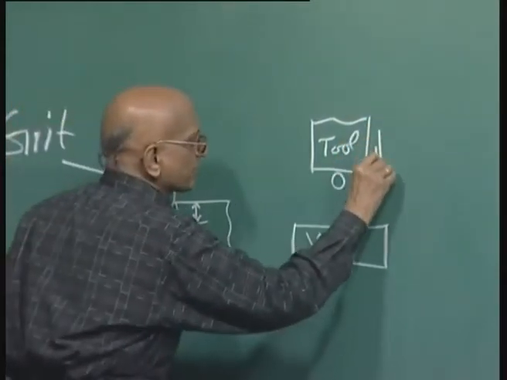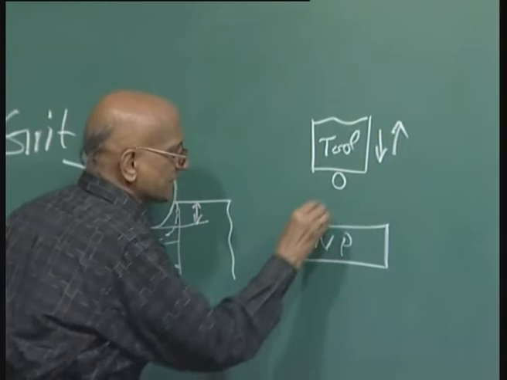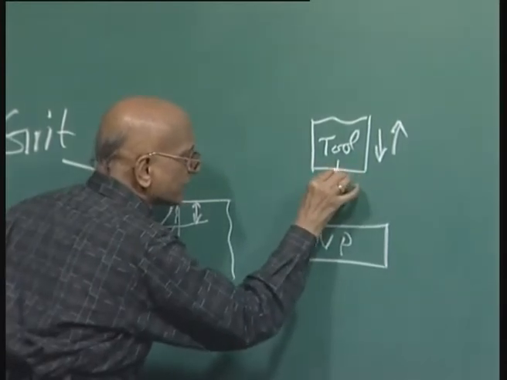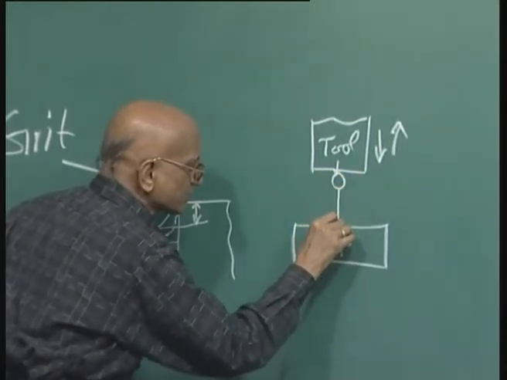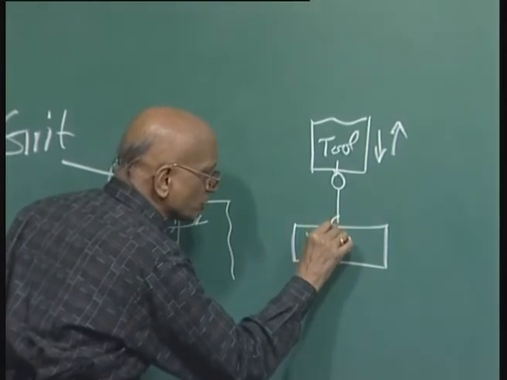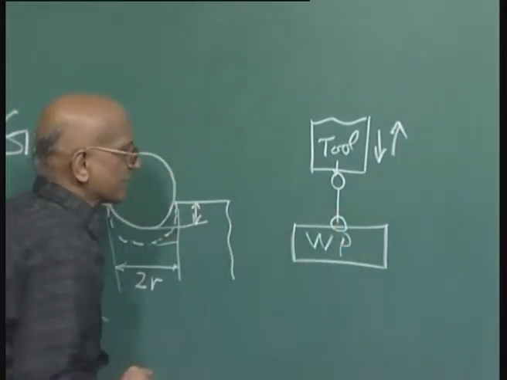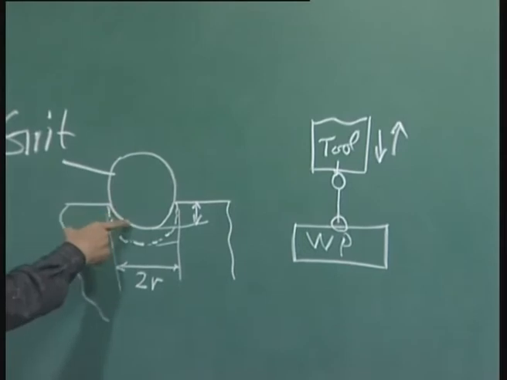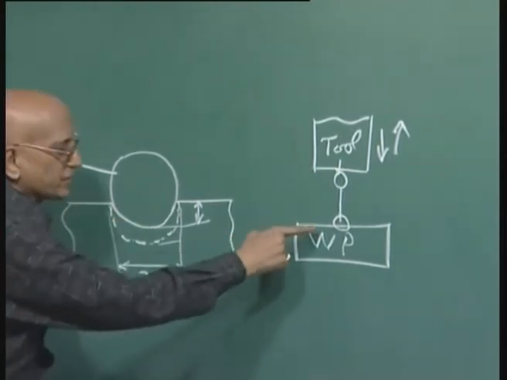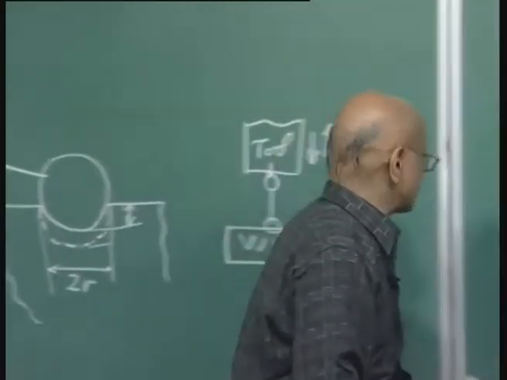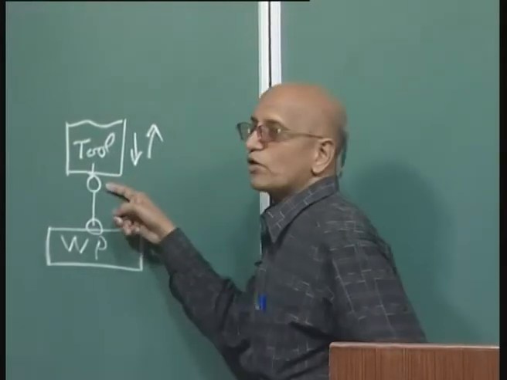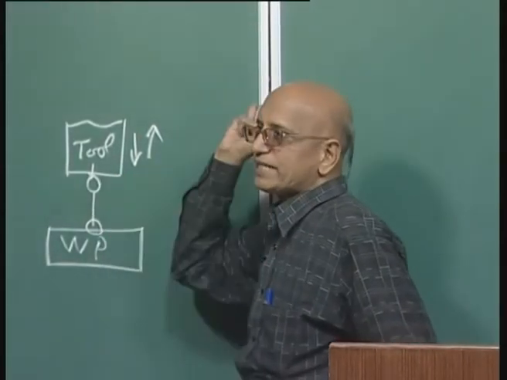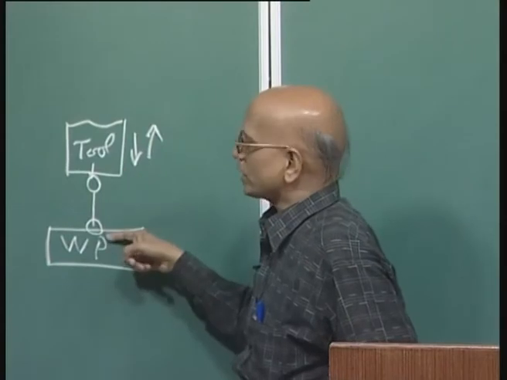When this tool is vibrating ultrasonically, it will hit this particular abrasive particle. As a result of this, this particle will move towards the workpiece and penetrate inside the workpiece, as in this particular case or in this particular case. So, this is known as the throwing model, because here the particle is thrown by the tool towards the workpiece.